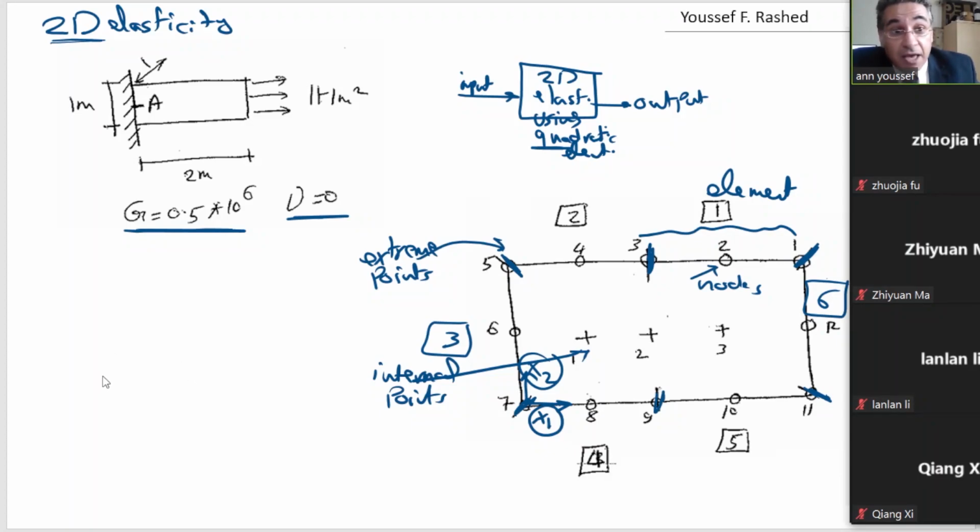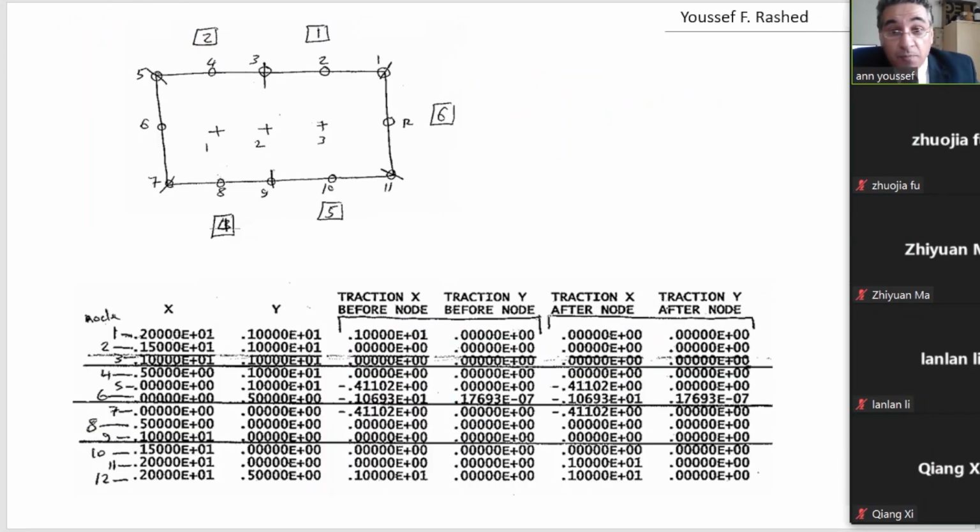It is the same as plate bending. We don't care about it now. We will obtain the result like this one. The most important thing in the results: it has boundary values and we have internal values.